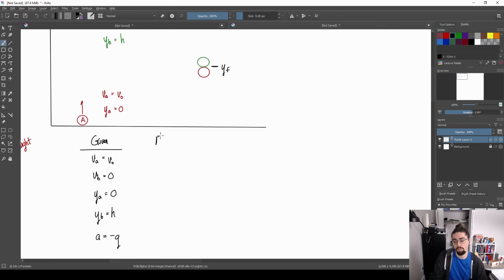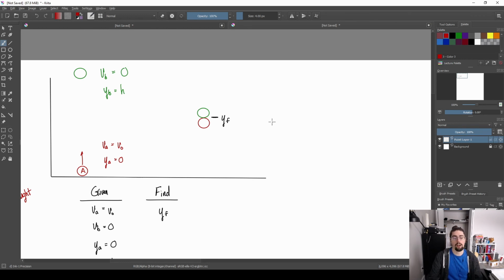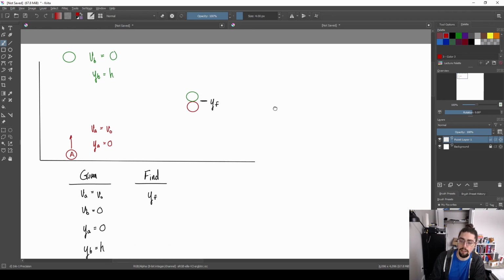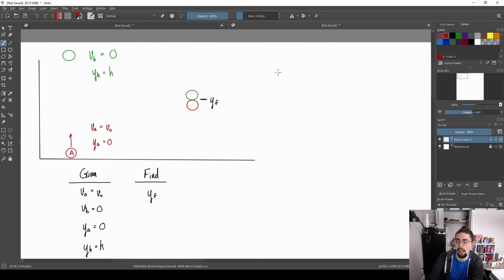Now, I need to find this y of f. So here's what I'm going to do. I'm going to try and write out each of these things, and I'm going to see how much information I can get on each of these, and if any of these are solvable, and I'll work from there. So my different kinematic equations might work. Let me start with ball A, the red ball on the bottom. What I can say is y of f might equal the initial place where it was, which I know is 0, plus the initial velocity times however much time it takes to get there, minus 1/2 gt squared, right?